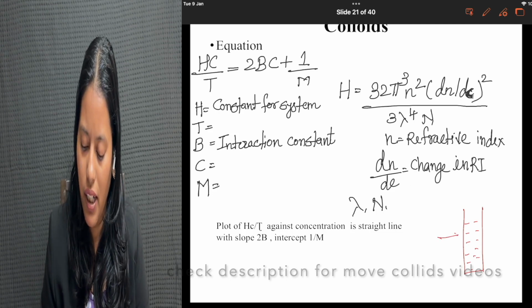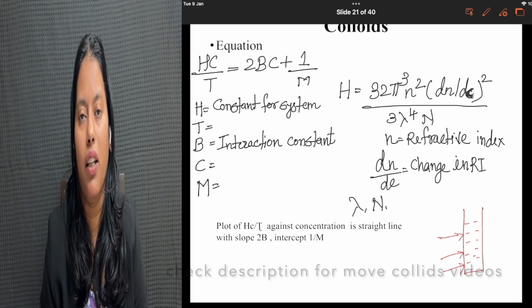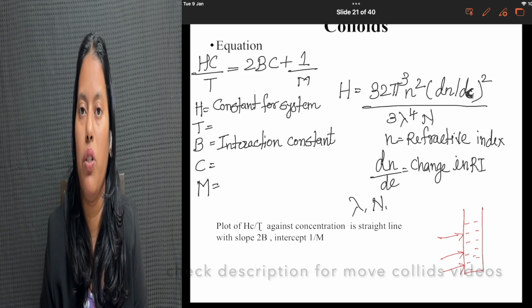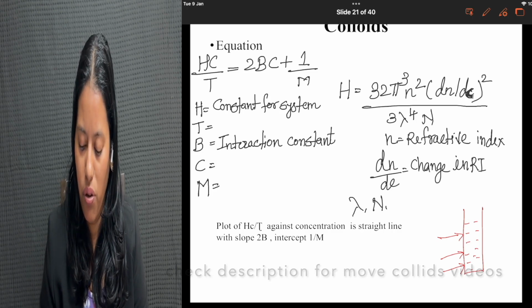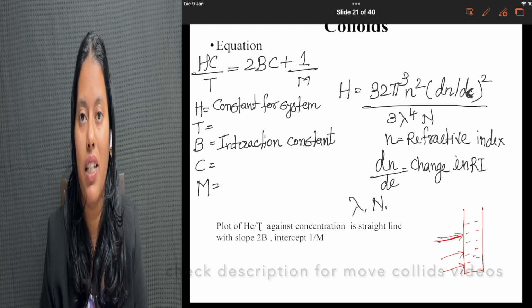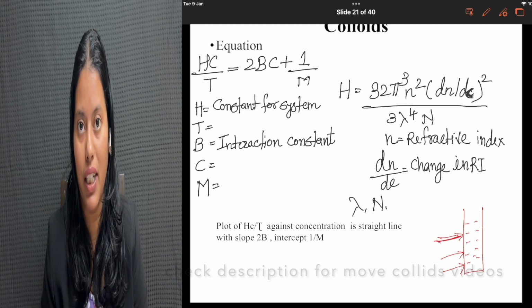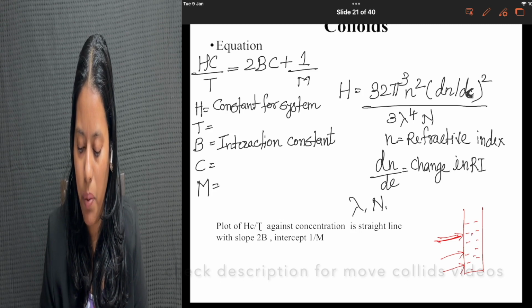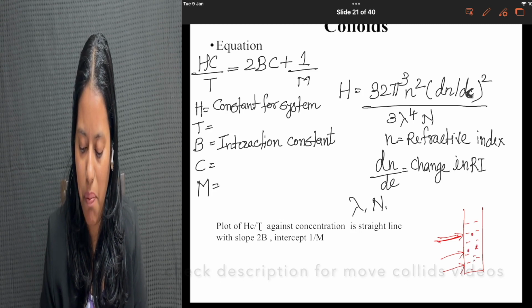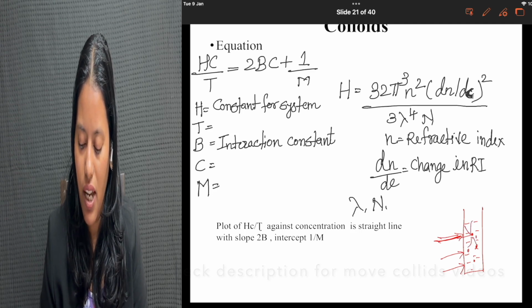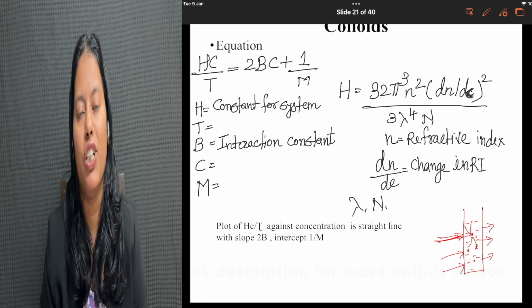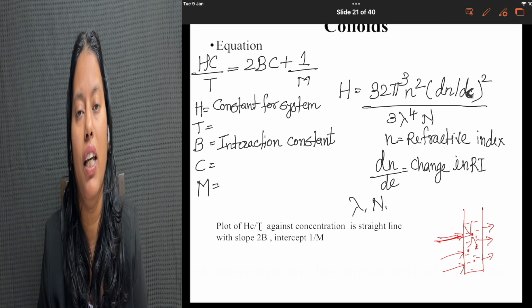You pass the light through it, and the path length of the solution is 1 centimeter. So you have the intensity of the incident light. When it passes through this solution, light falls on the particles and scatters in all directions, and at the other end you check the intensity of the light.